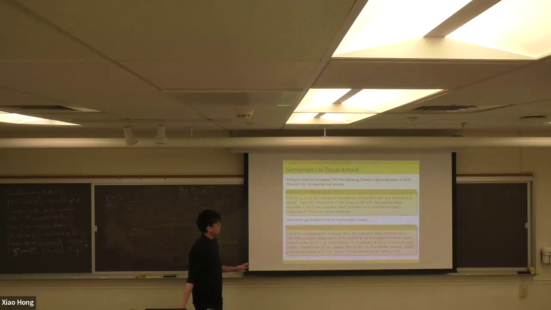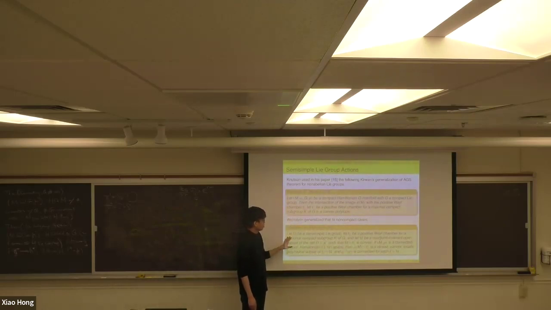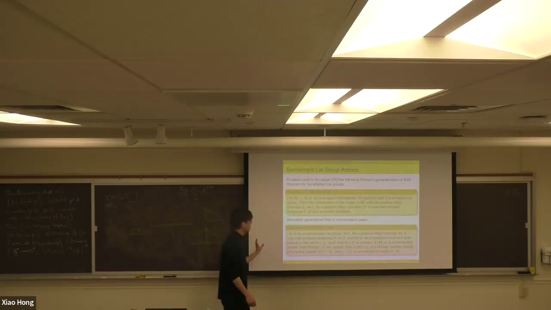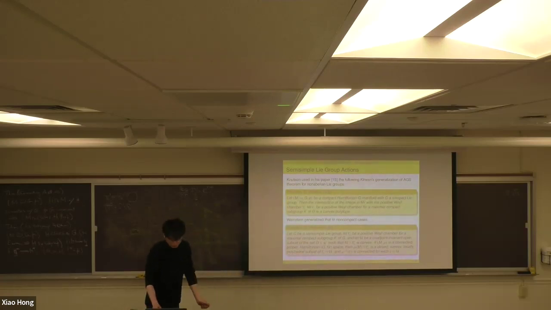Recall that the AGS theorem is about abelian connected compact groups. Here they are non-commutative groups. And Weinstein generalized that to the non-compact cases. This is just a historical review. I will not talk about the definition of Weyl chamber. That's included in the algebra.